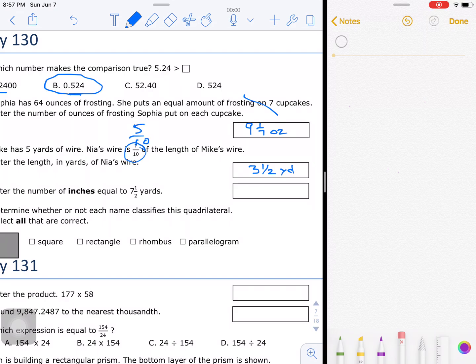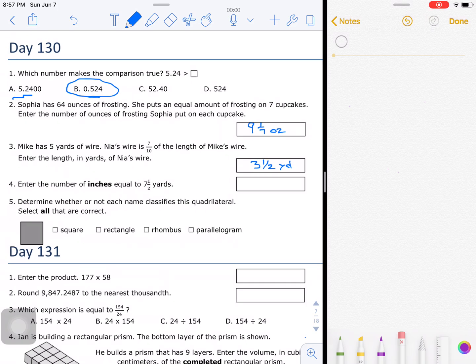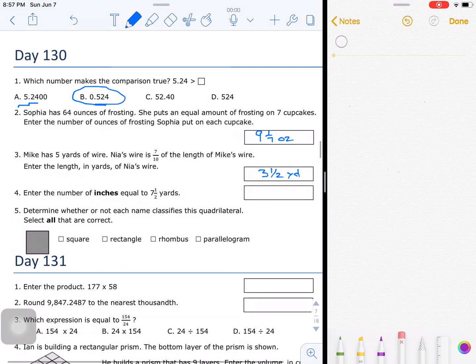So Nina has 7/10, which is a little bit more than half. So we see that our answer is reasonable. And so what I just really want to encourage you guys to do is check your answers using estimation, just to see if they are reasonable.